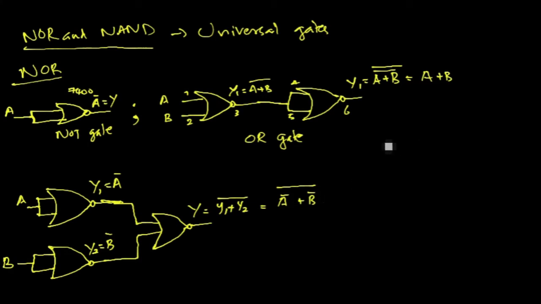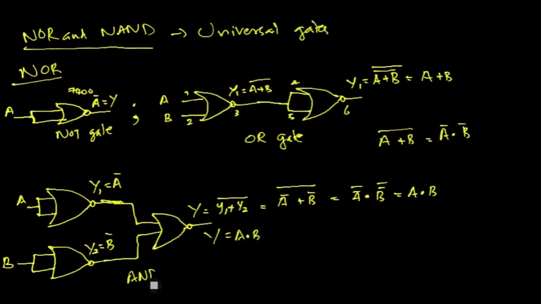According to De Morgan's theorem, we know that (A or B) complement is equal to A complement and B complement. So here A complement is the one entity, then its complement, and B complement's complement. A complement's complement is A itself, and B. So the output of this is actually Y equal to A and B. So it forms an AND gate.